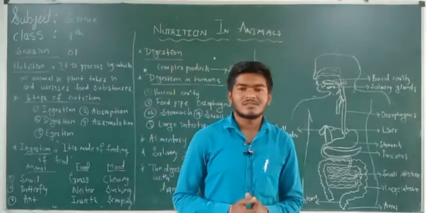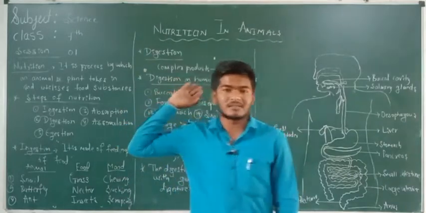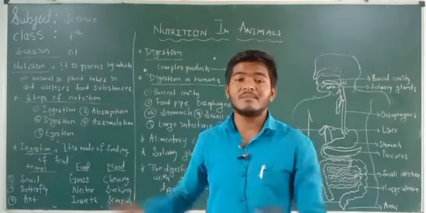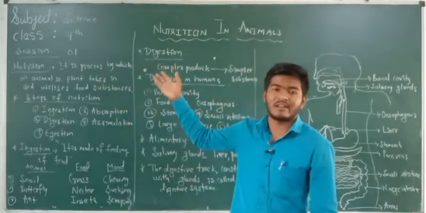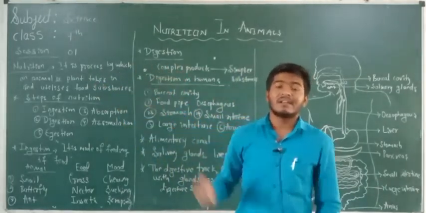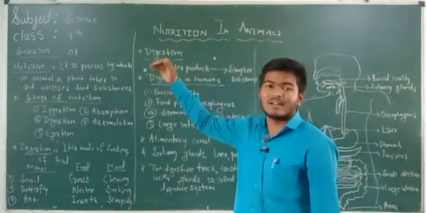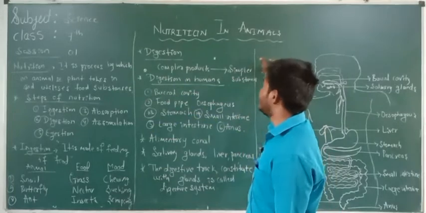In the first class you studied nutrition in plants, and in plant nutrition we get food products called carbohydrates, proteins, and so on. But in today's class we are going to study another new lesson of your 7th standard, that is nutrition in animals.